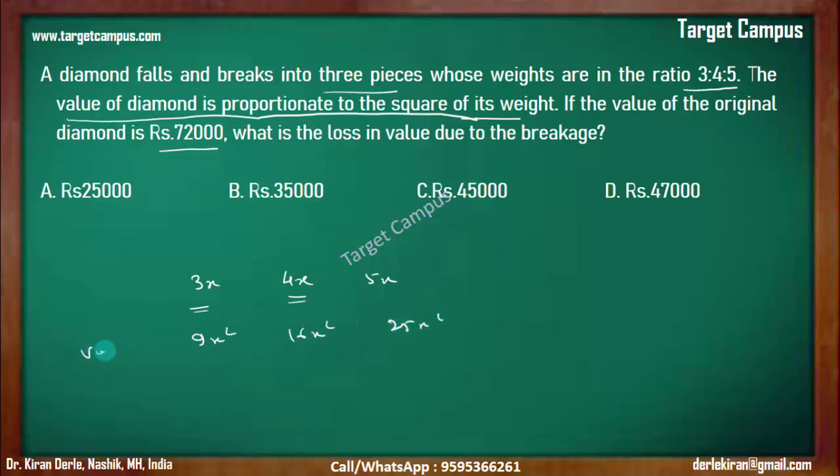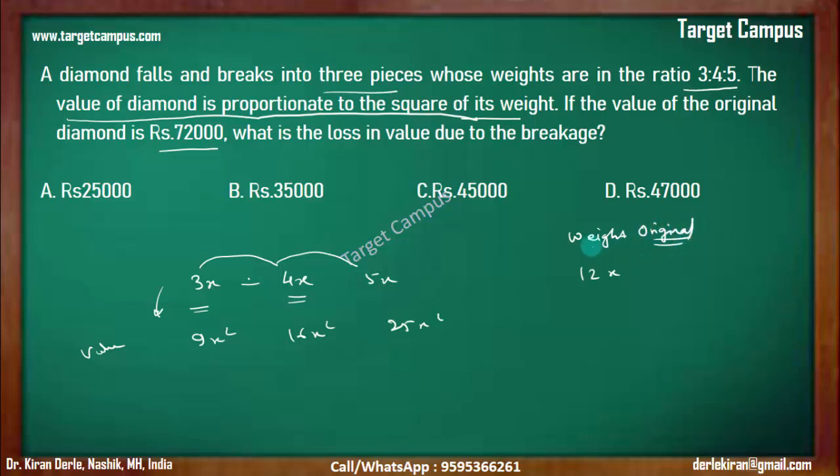These are the values, in proportion with the square of the weight. And the weight of the original diamond is 3 plus 4 plus 5, so 12x is the weight of the original diamond, right?